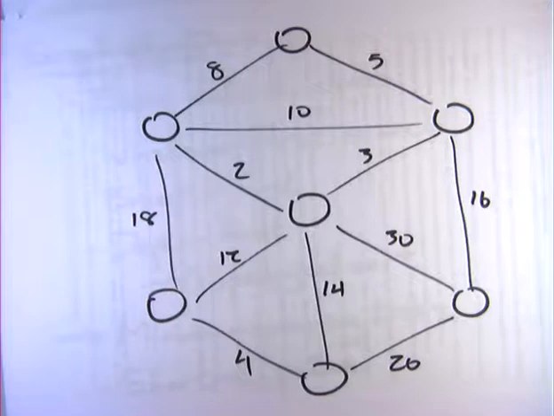A spanning tree of this graph is a tree, meaning a connected graph with no cycles, that spans the graph, meaning it uses every vertex in the graph. So minimum spanning tree in this context would be, right, you want to minimize the sum of the edge weights in the tree.